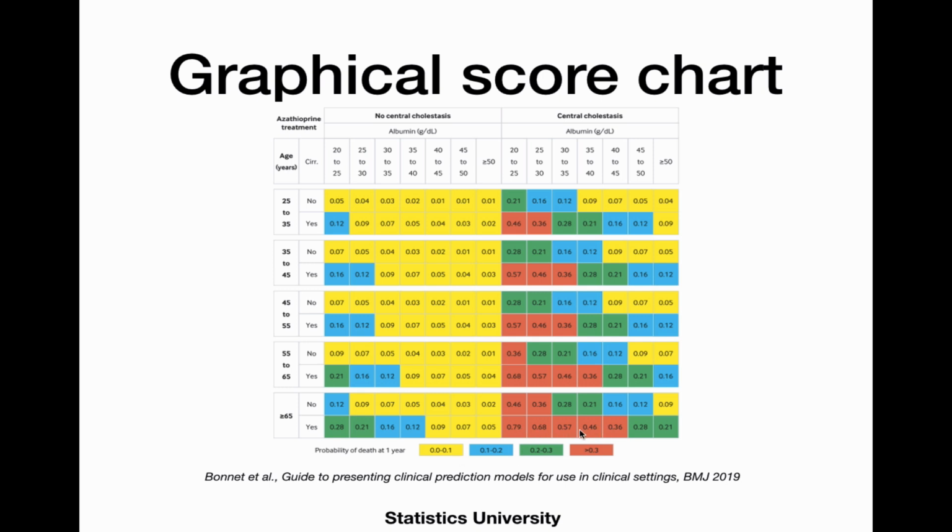Whereas these are more the risk categories that are high risk, and the green and the blue ones are in between. The downside of this is that you can only choose one outcome, or for example here, probability of death at 1 year. And if you want to also let the clinician calculate the probability of death at 3 years, you need to make an entire new score chart.